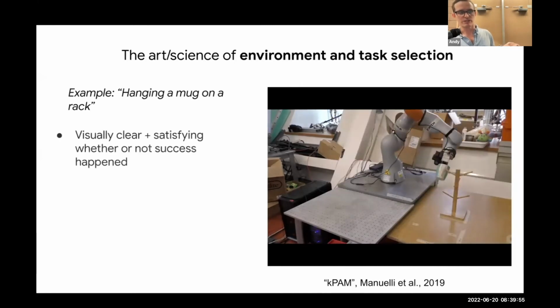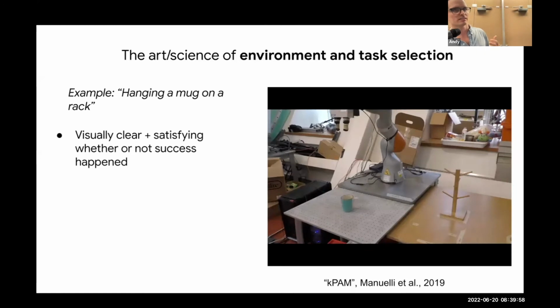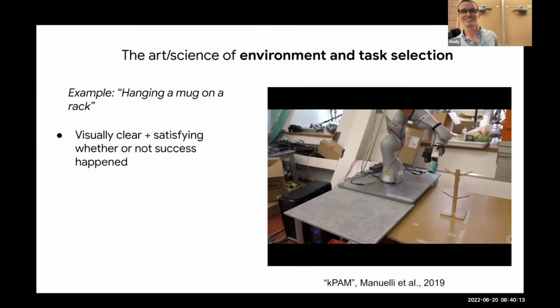The first one, which I think applies to all tasks in general, because different tasks will have different flavors and measure different things, is that it should be very visually clear, and sort of satisfying, maybe even ASMR style, whether or not success happened.